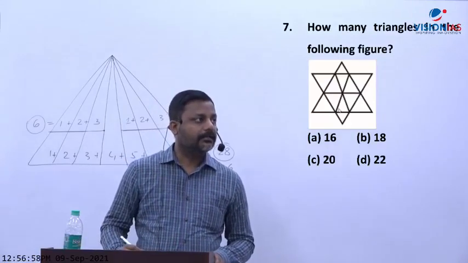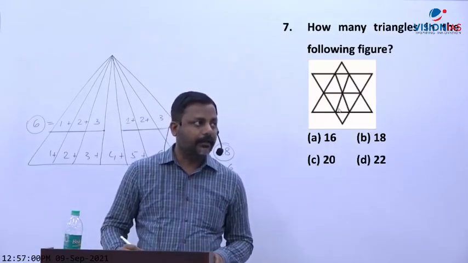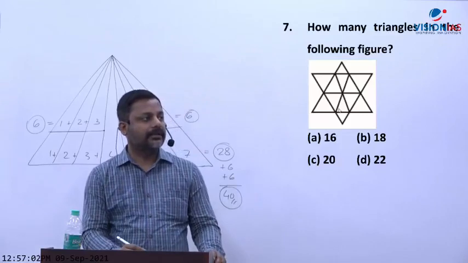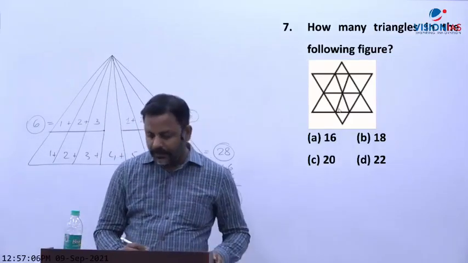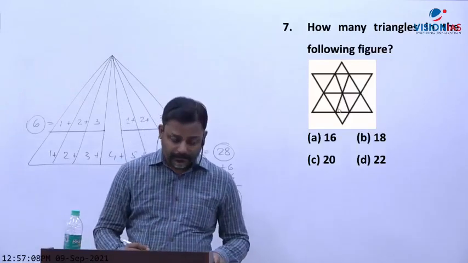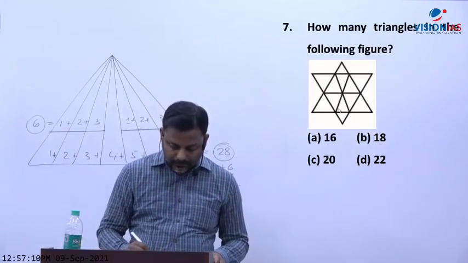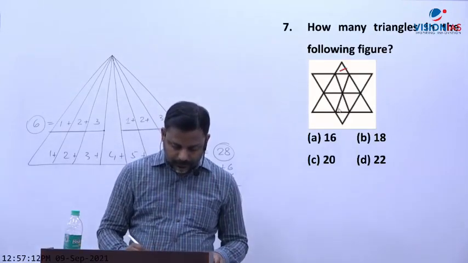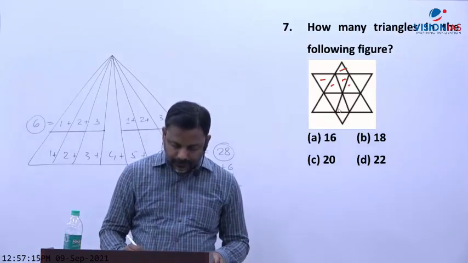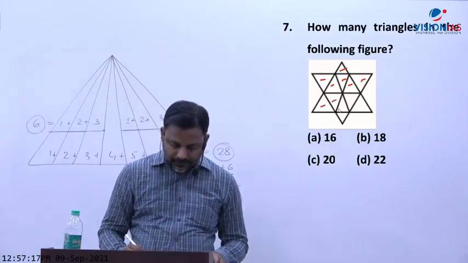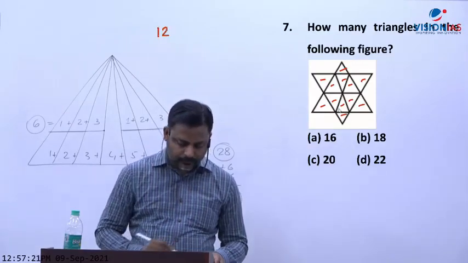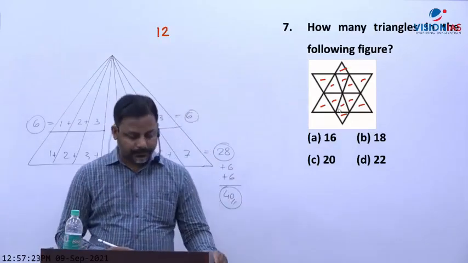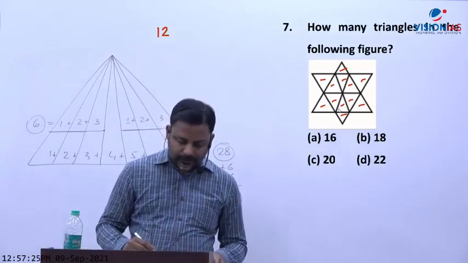Prakhar is saying 18, Shalini is saying 20, Richa 16, Punita 16. Okay. So let's count. At first we will count the smaller triangles. So 1, 2, 3, 4, 5, 6, 7, 8, 9, 10, 11 and 12. 12 triangles are there.